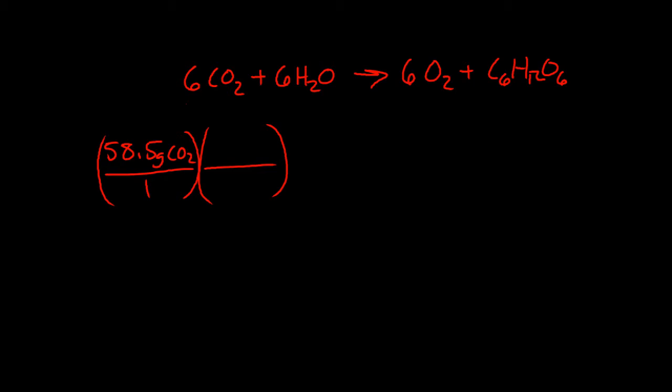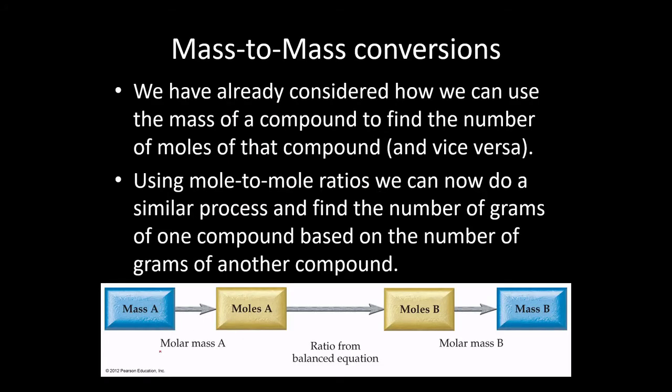Yeah, 44.01, because we had 12.01 plus 16 times 2, from the last video. I should remember that. So we have 44.01 grams of CO2 for every 1 mole of CO2. So that was this first step here, the first mole mass to mole conversion.